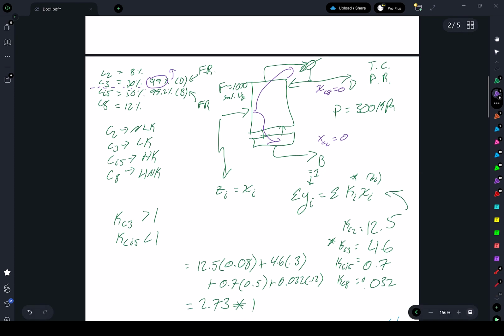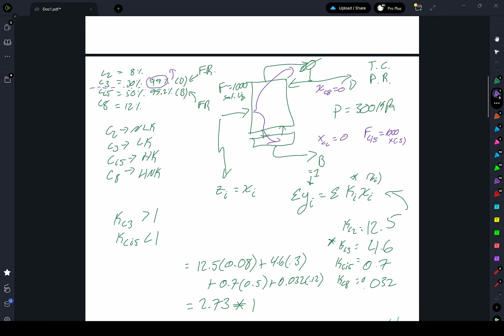So if I were to do an example, our feed flow rate of just our isopentane, iC5, is equal to 1,000 times 0.5, because it's 50% iC5.